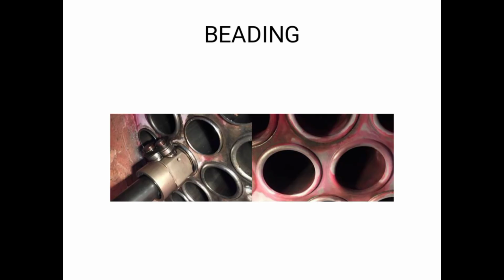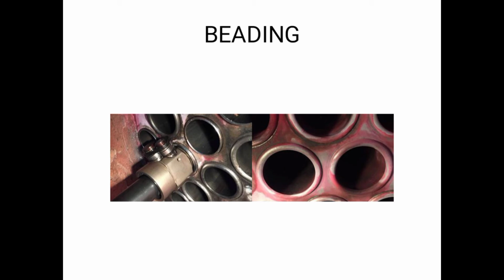And next is beading. You see in the picture that first we have expanded the tube, then we have flared the tube. By flaring, we have expanded the diameter, or you can say the boundary or corner of the tubes is wide.